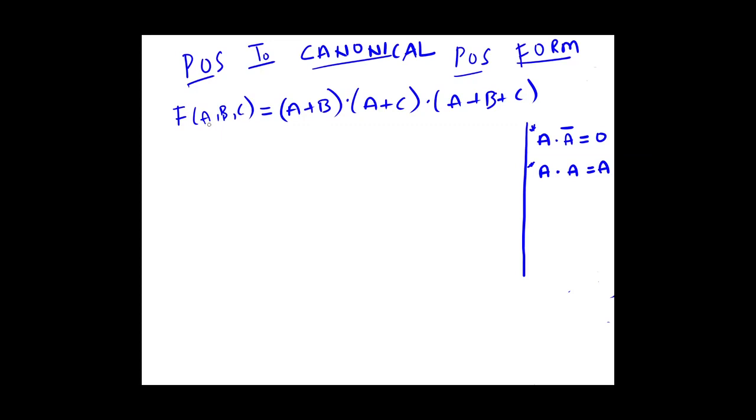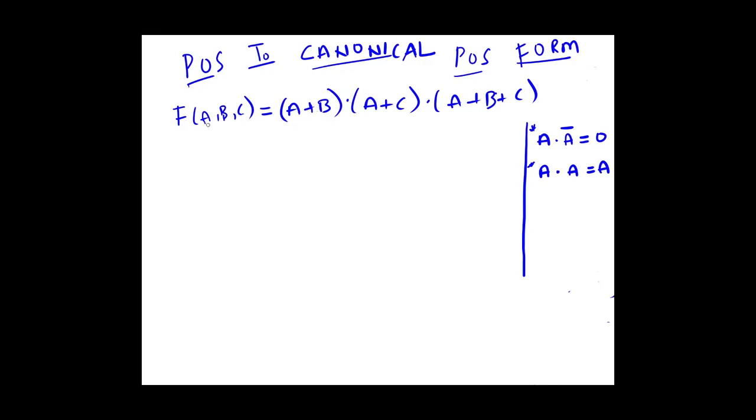In this expression, I have A, B, C. This is of 3 variable. That means you have only 2 variables here. There is one variable missing. In the same way here I have only 2 variables. There is another variable missing. Here I have all the 3. So we need not touch here. We just need to add something over here. That something is nothing but the other variable which is not present in this term.